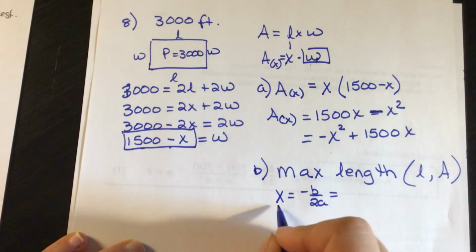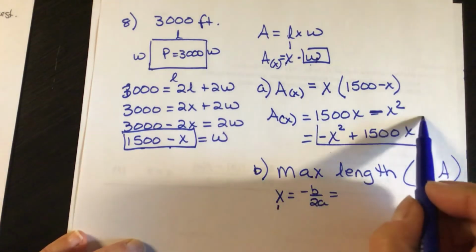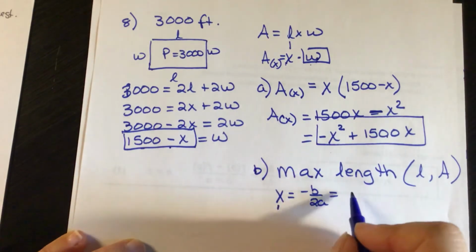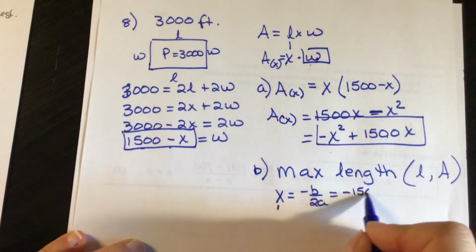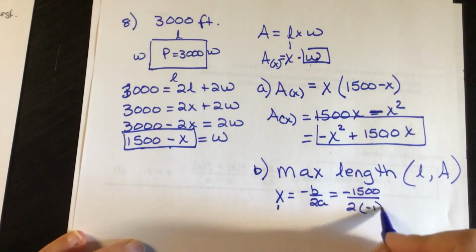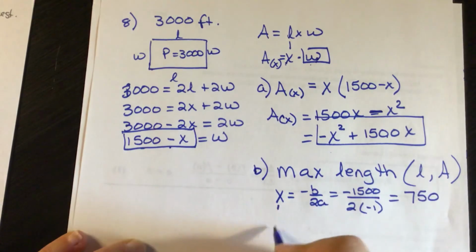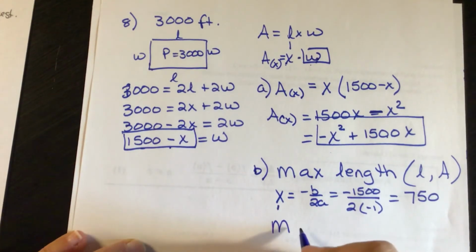X represents length. So here's my equation I'm working with. Minus b is negative 1,500 over 2 times a, which is negative 1. So this is 750. So the maximum length is going to be 750.